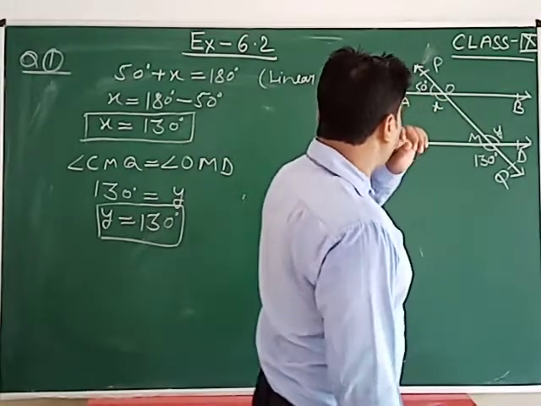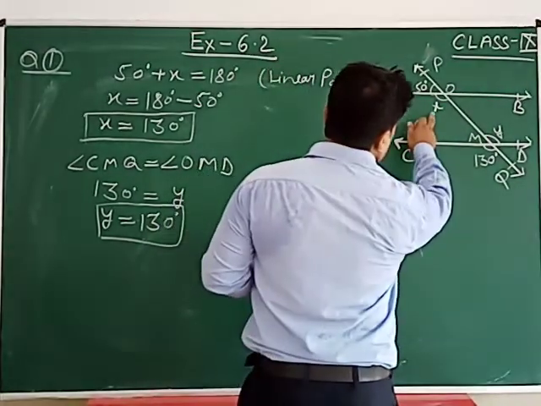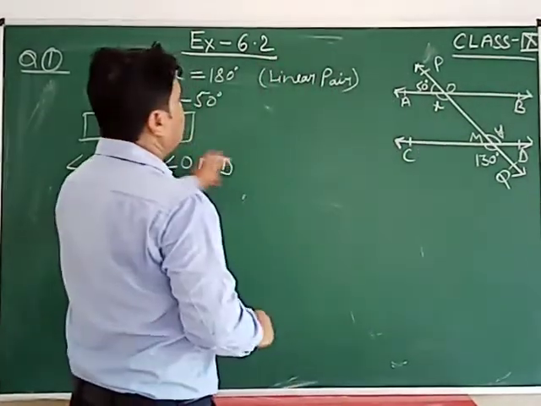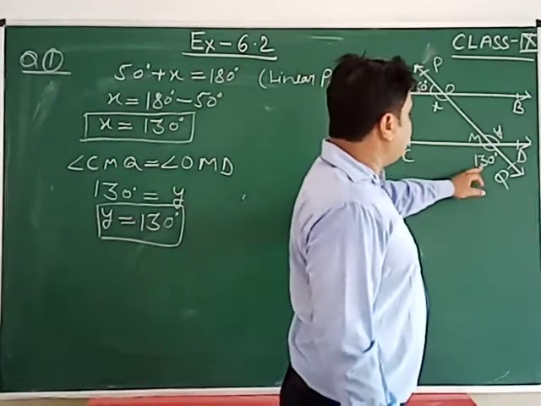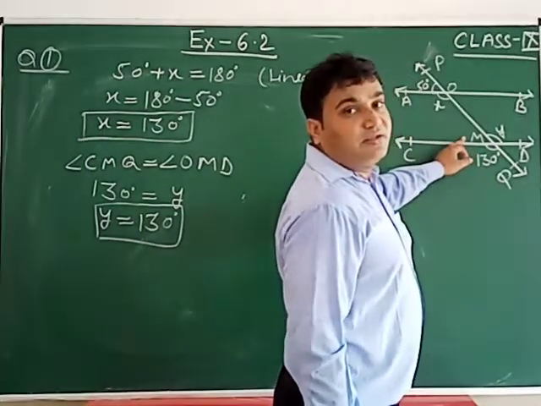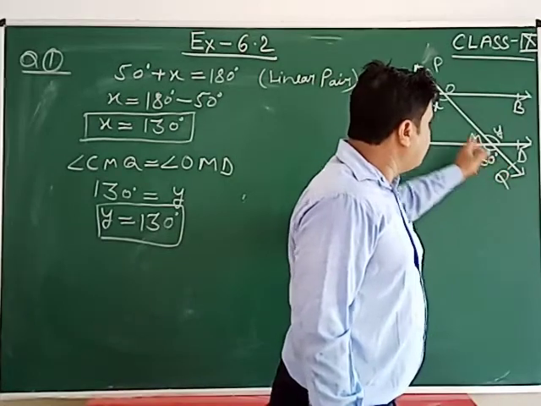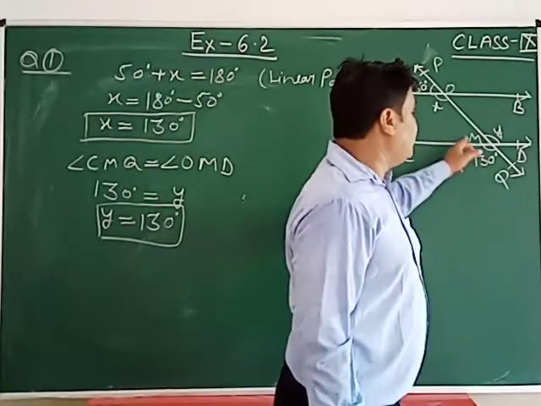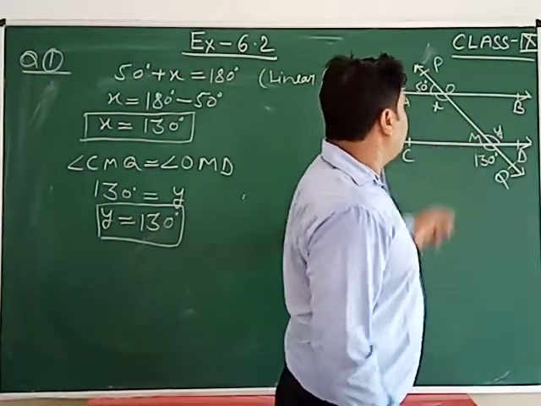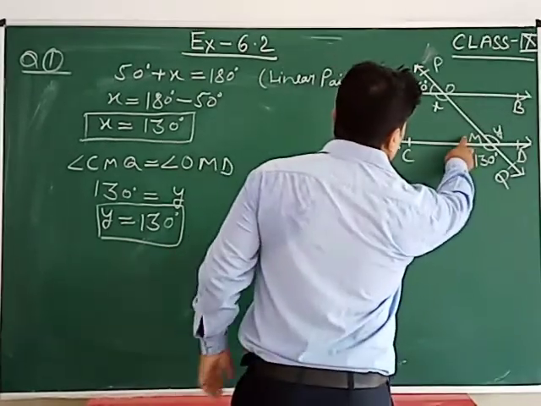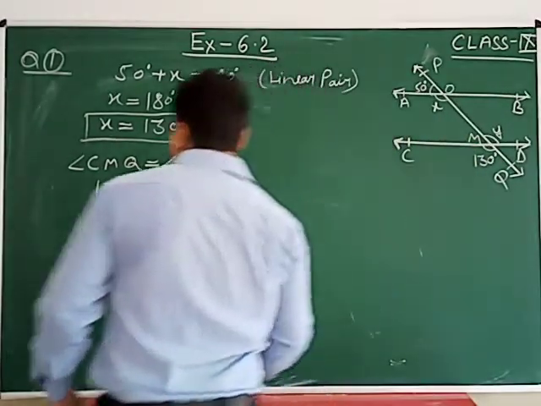So see the figure. X is 130, so this angle will be 50 because the total sum is 180.